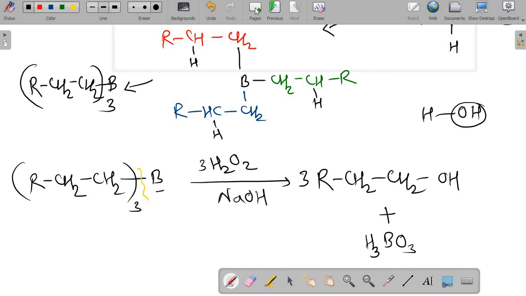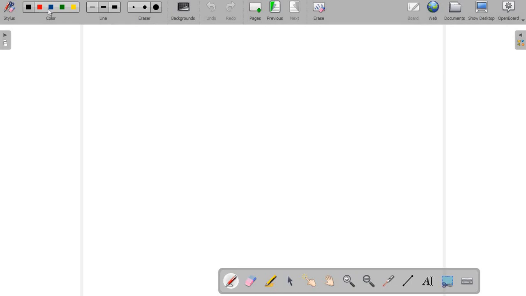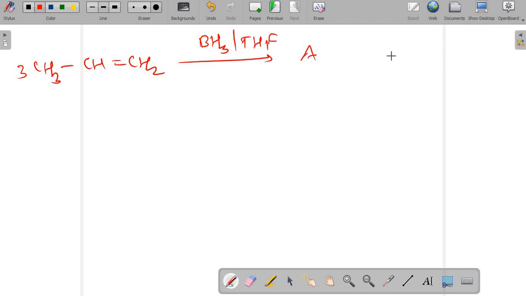So we will see the examples on this reaction. Suppose here CH3CH=CH2, which on reaction with BH3 THF, step A, followed by H2O2 in presence of basic medium, B. What are the A and B? This is one of the fashions of asking the question.